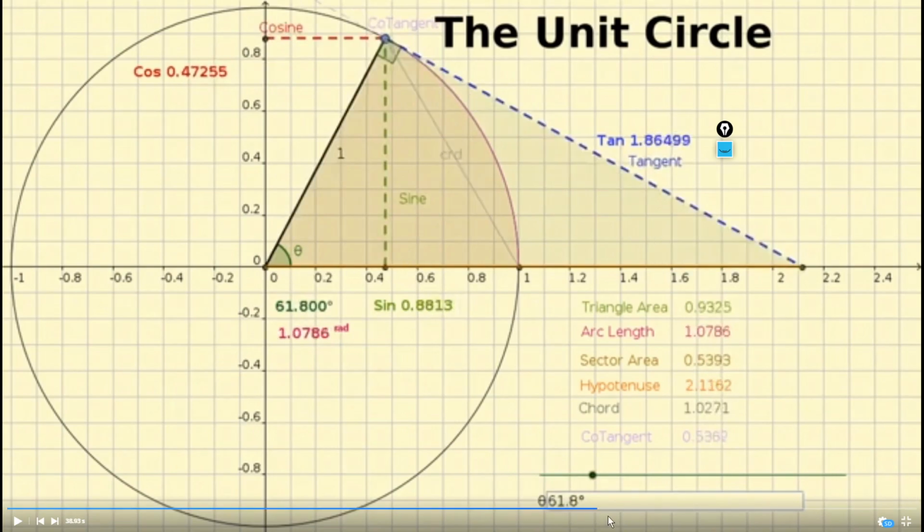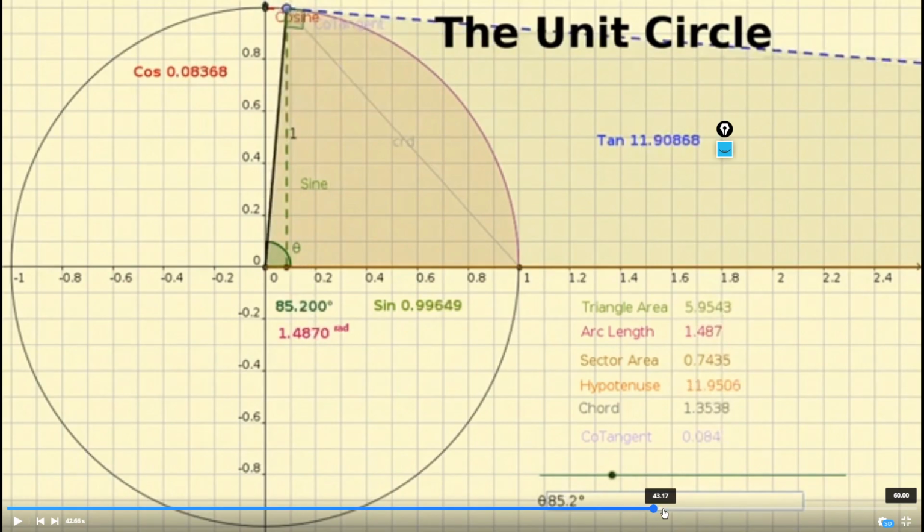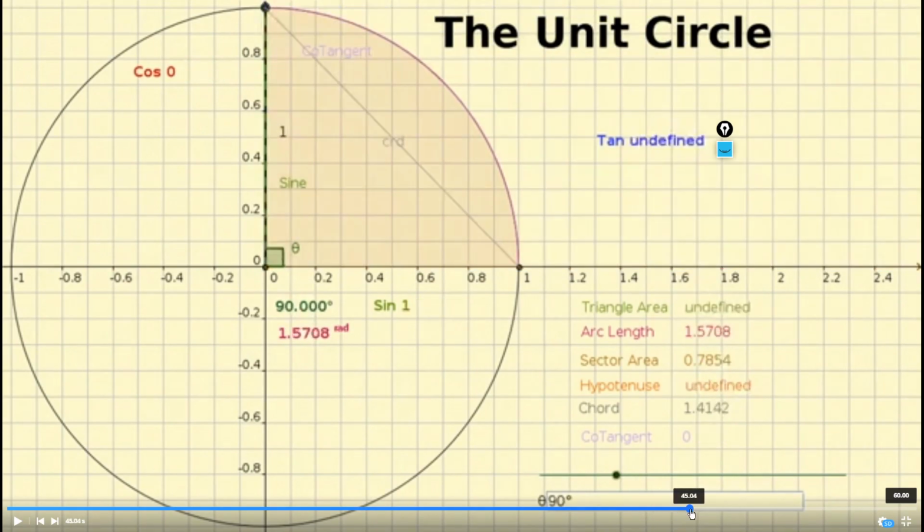And so when we are at 90 degrees, the hypotenuse is the same thing as the y component, or the height, which is 1. And there is no horizontal component, there is no x value, no spreading out, so cosine is 0, okay?